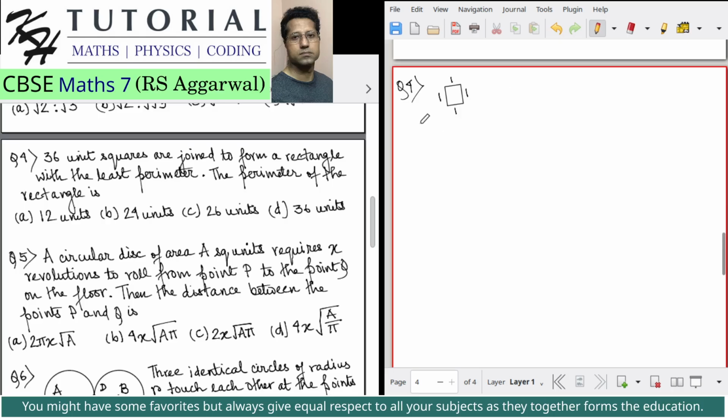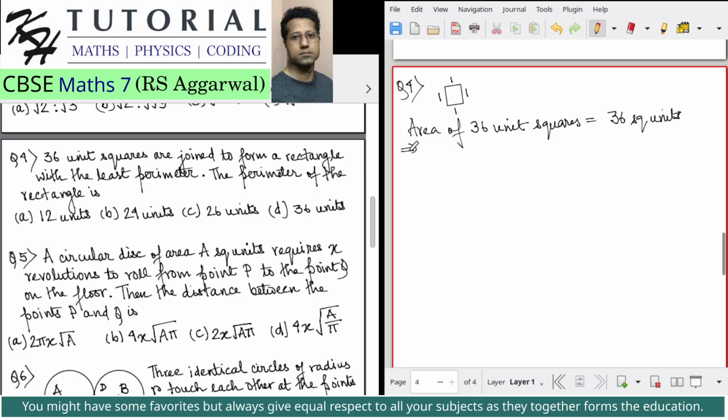Okay, so area of 36 unit squares is equal to 36 square units.